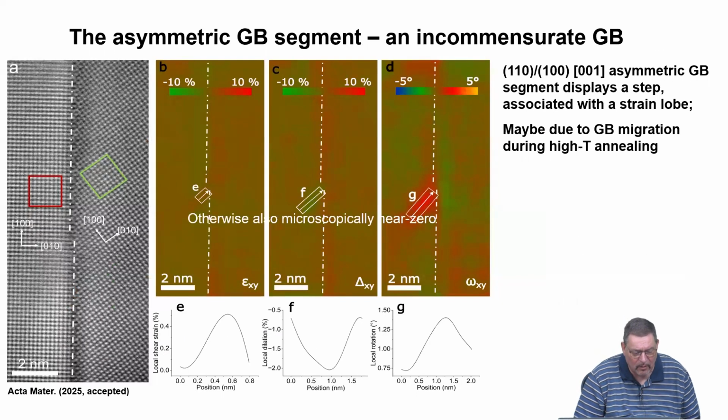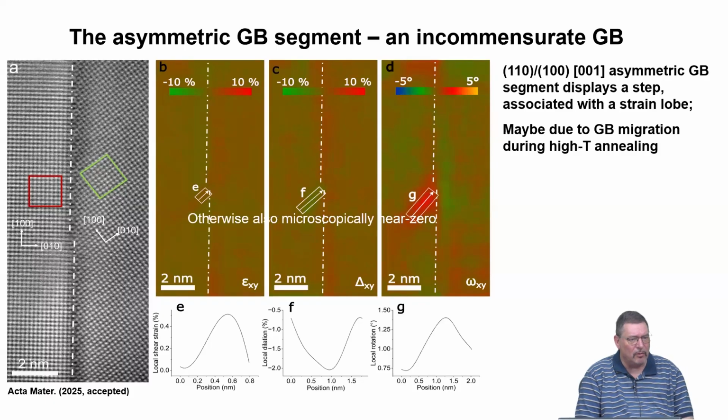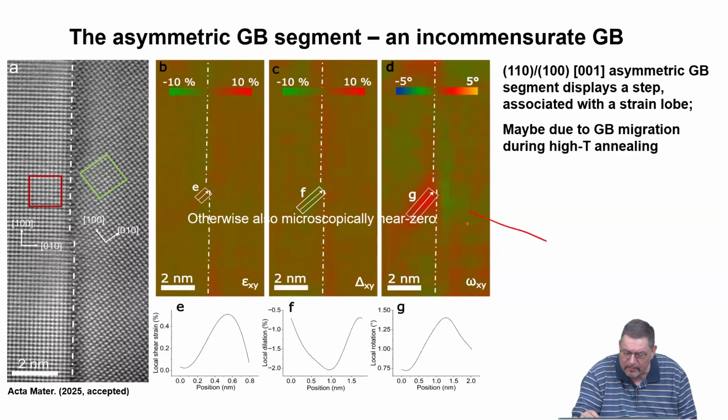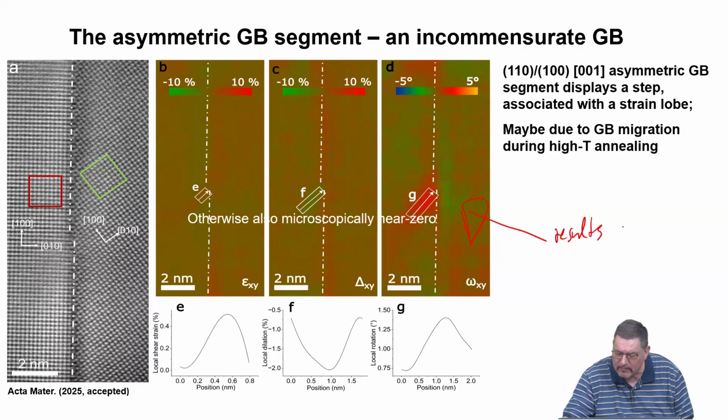And now we also come to what you asked earlier: when there is a step, a disconnection at the boundary, what happens? Actually, then you have to worry about long-range stress fields. So what you see here are the results of GPA, which stands for geometric phase analysis.